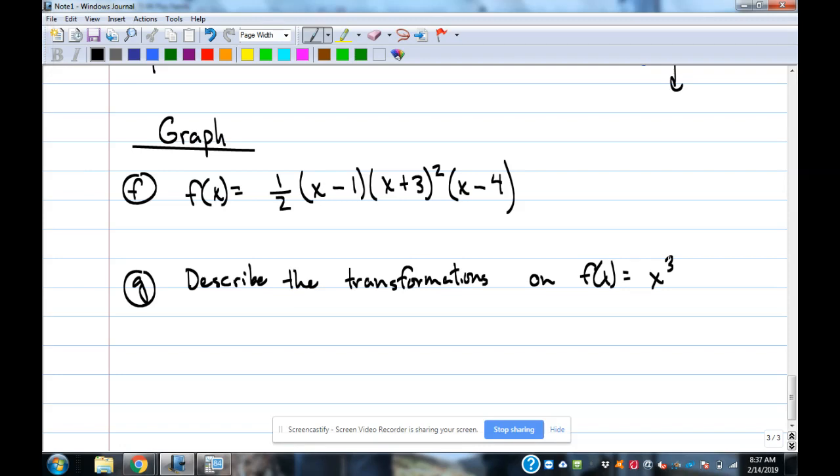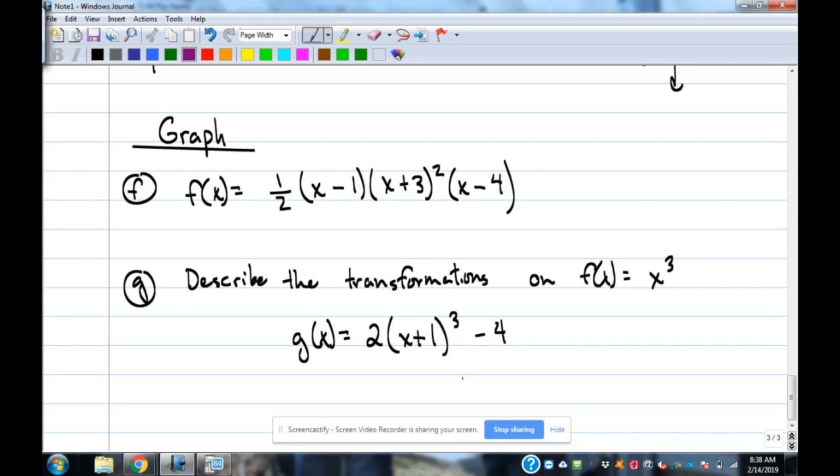So the parent function here is the cubic function f of x equals x cubed. And the one we're deciding on is 2 parentheses x plus 1 cubed minus 4. So what transformations are happening without graphing this?